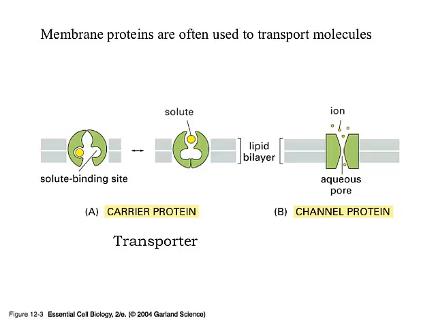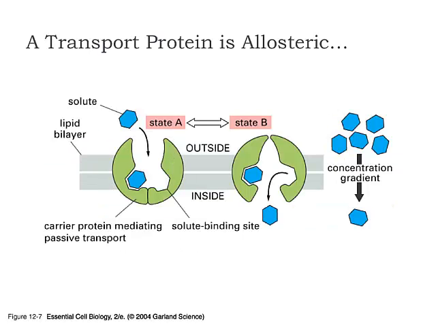So they have a specific shape that determines what they're able to carry across the membrane, whereas the channels are size exclusion proteins. So they determine based on size and also charge what they're going to let into or out of the cell. So both of these proteins work in a direction, allowing directional movement.